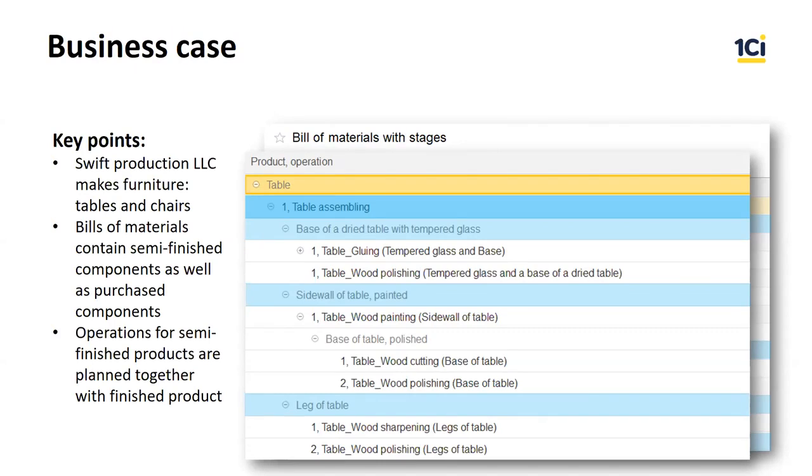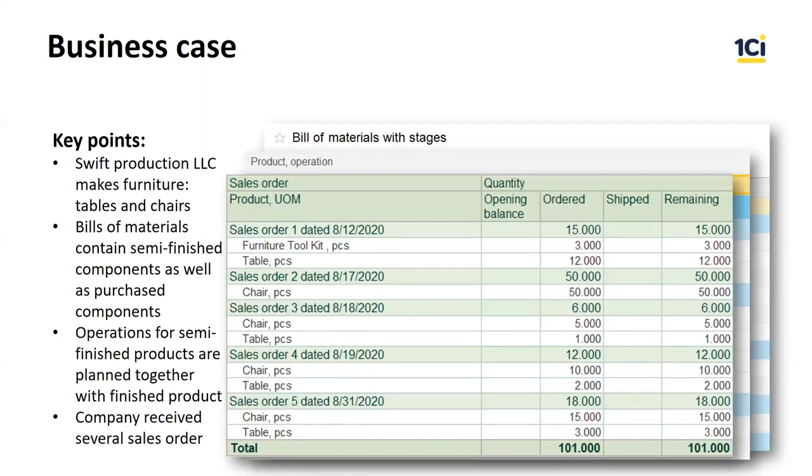What it means is that if we produce a table and there's only one operation, table assembling, but it requires 3 components that before can be consumed, before they can become part of the table, they need to be produced, then we analyze those semi-components at the same time as we analyze the plan for tables. So we plan them all together. And let's suggest that we have several orders placed by our customers.